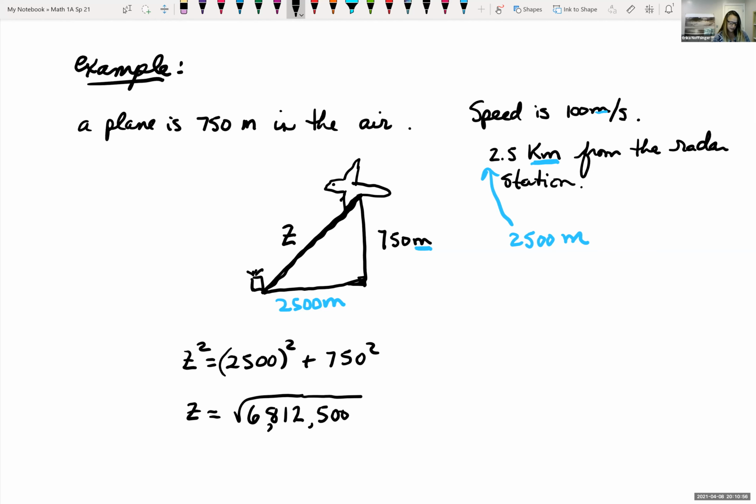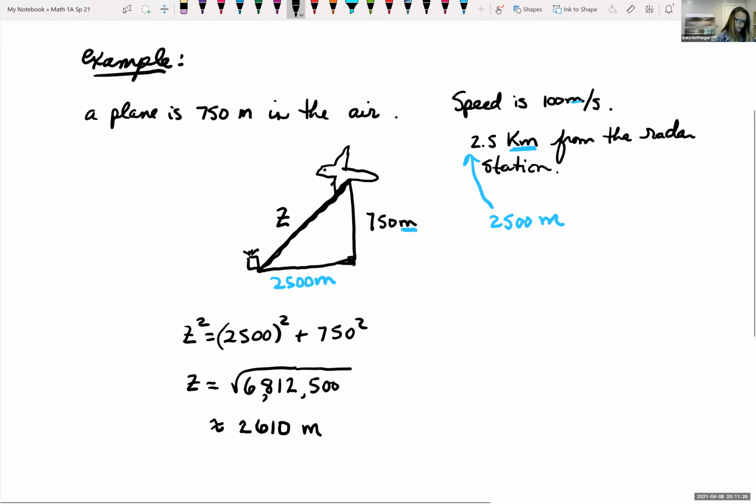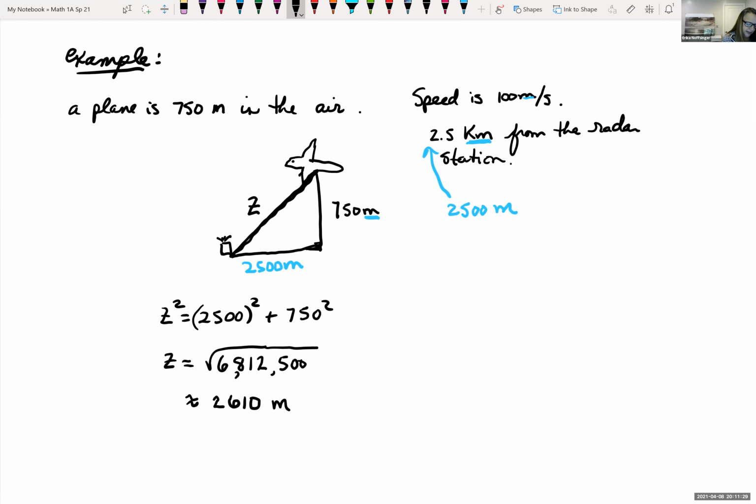Let's get an approximate. So this is approximately 2,610 meters. But this plane is changing, right?